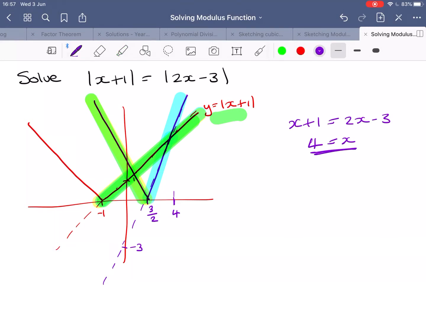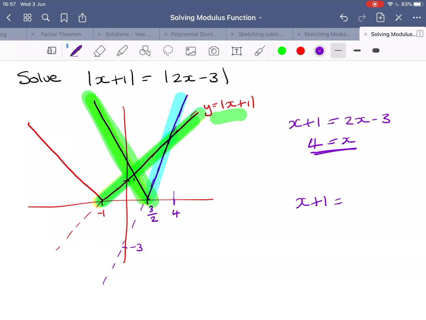So in that case, I've got the x plus 1. But if I look at the other line, if I look at this one here, well, that is the negative part of the y equals the modulus of 2x minus 3.